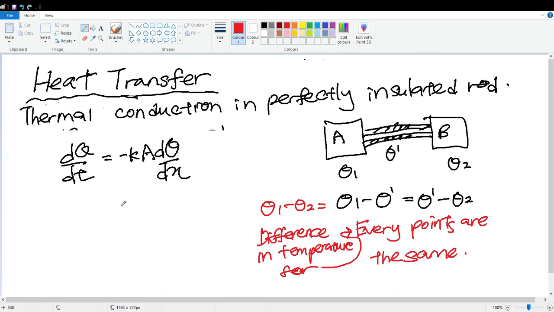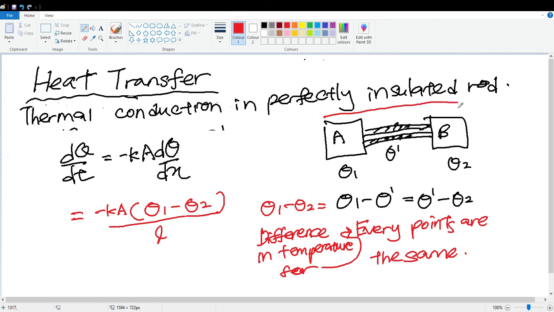So I can conclude that theta 1 minus theta 2 divided by L, where this L is the distance between them, is how we derive another formula for the rate of heat flow.